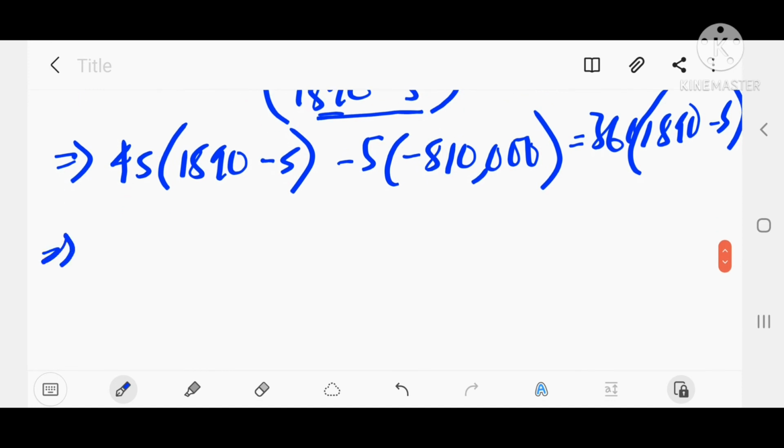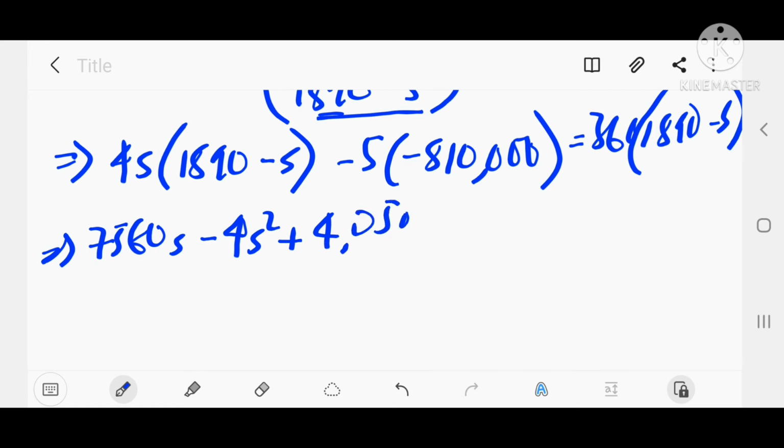So expanding everything, we get, let me arrange it in order, 7560s minus 4s squared, plus 4,050,000, so equals 680,400, then minus 360s.